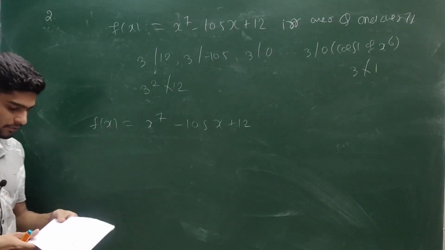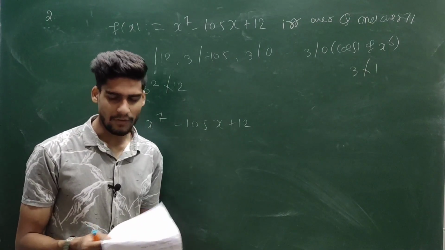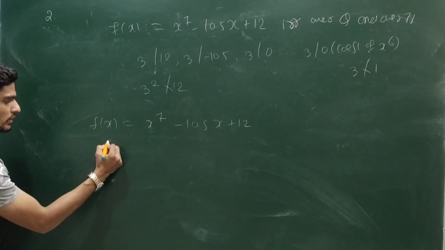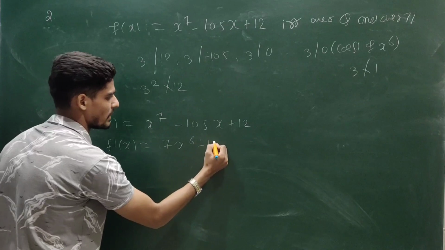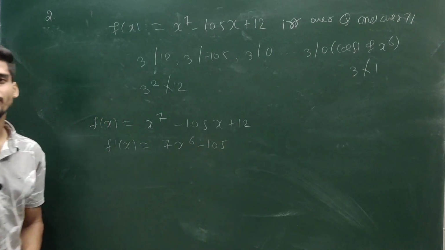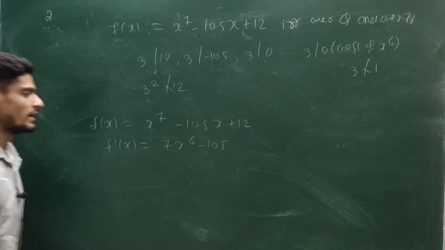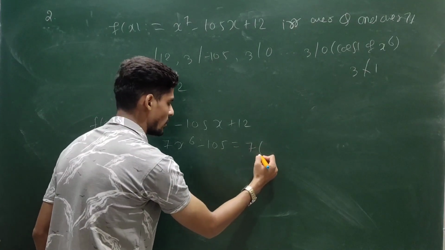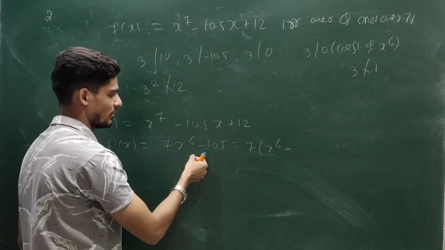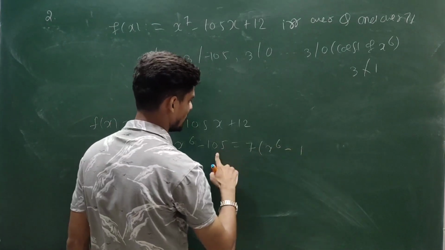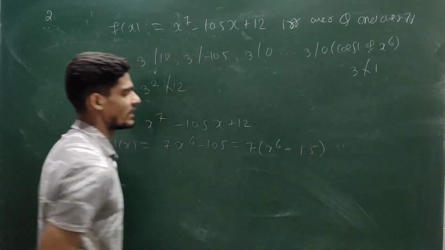Let me do this problem in this way. If I use the real analysis way, the derivative of this polynomial will be 7x power 6 minus 105. I can take 7 common out, and I will be having x power 6 minus 15.